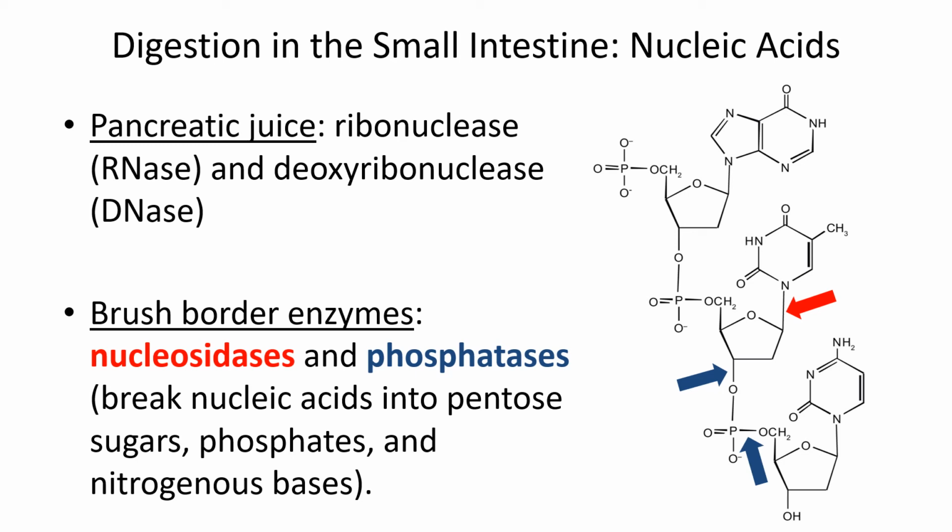At the brush border, we have 2 enzymes, and I'm not going to have you memorize these, but they're called nucleosidases and phosphatases that will break nucleotides or nucleosides into their component parts. So they break them up into pentose sugar, phosphate, and nitrogenous bases. Remember, those are the 3 components that make up a nucleotide. And then those individual bits and pieces can be very easily absorbed by your epithelial cells.